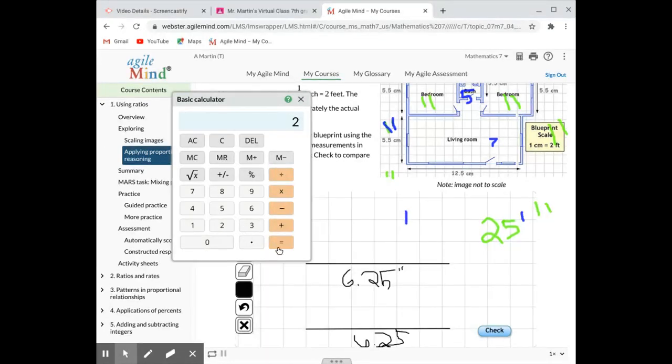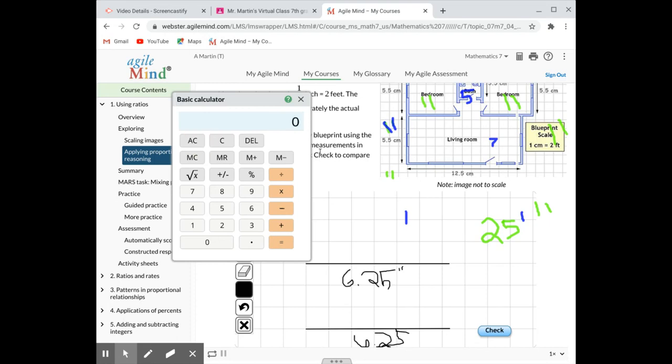All right, and that would give you your measurement. Or since we knew that it made 25 feet and a half inch, each one of these blocks represents 4 feet, right? So that means that we need to split it into 4 parts. So if we do 25 divided by 4, that would give us 6.25.